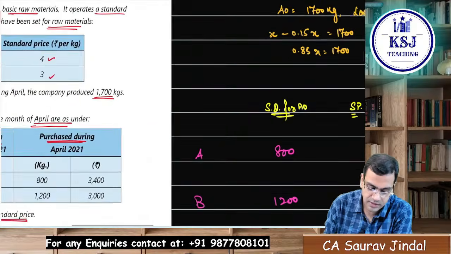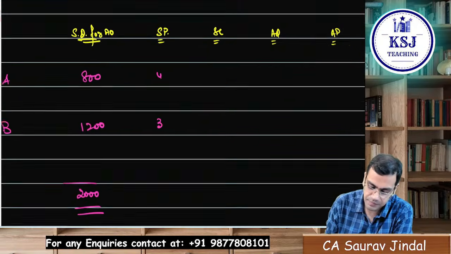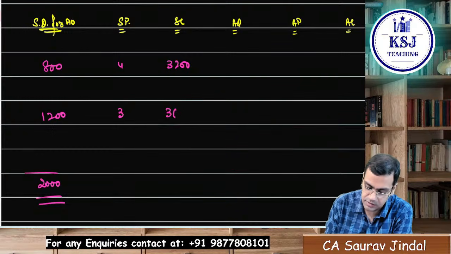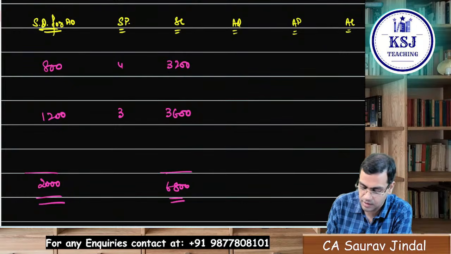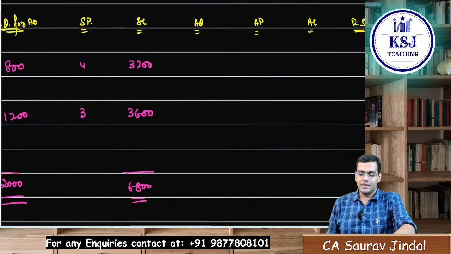And what is the standard price that is given? 4 and 3, right? So that will be 3200 and 3600, right? So this is 6800. Clear?